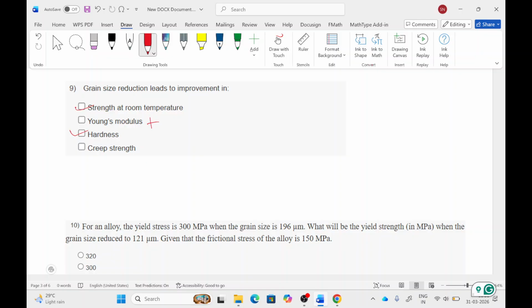And creep strength is inversely proportional to grain size. Means if grain size, sorry, no, directly proportional to grain size. Means for coarser grain size, the creep strength will be good. And for small grain size and finer grain size, the creep strength will be poor. So only first and third is correct.